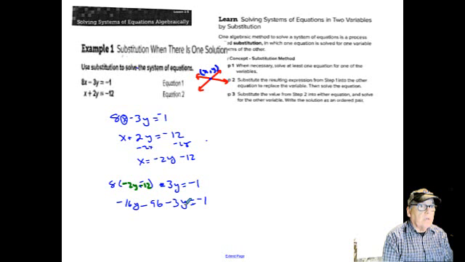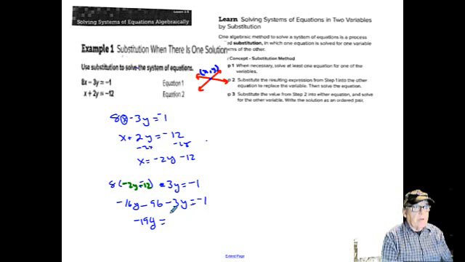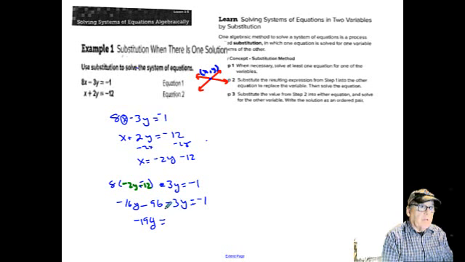Negative 16 take away 3 more is negative 19y's, and that's going to be equal to negative 1, but we're adding 96 to the other side, so we get a positive 95. 96 take away 1 is 95. And 5 times 19 makes 95. So y is negative 5.